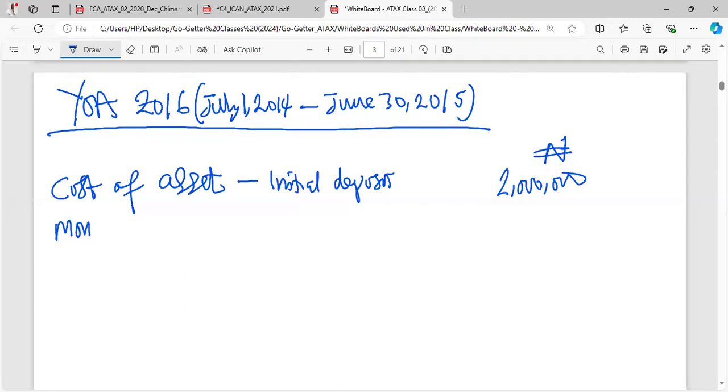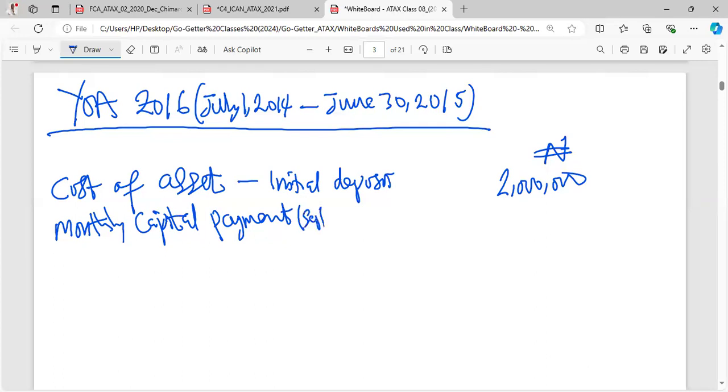So this is monthly capital payments. Monthly capital payments. So what it means here is that this monthly capital payment is from what month to what month?